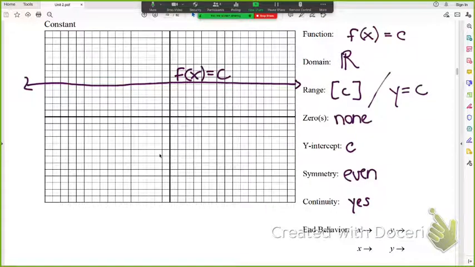If my function can be drawn without picking up my pencil, my answer to that is yes. Now, end behavior is always the one that we're not real sure about how to write, but we're going to talk about this and work on it. End behavior is essentially 2 math sentences. The first is a sentence about the left part of your graph, and the second is a sentence about the right part.